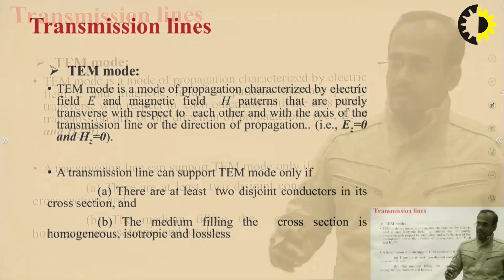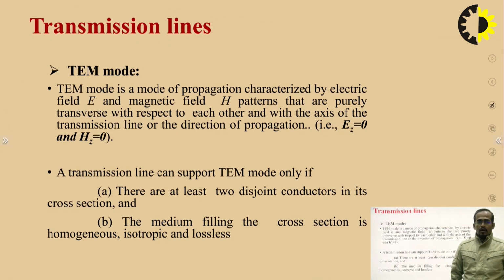And this transmission line can support TEM mode only if there are at least two disjoint conductors in its cross section and the medium filling the cross section is homogeneous, isotropic and lossless.